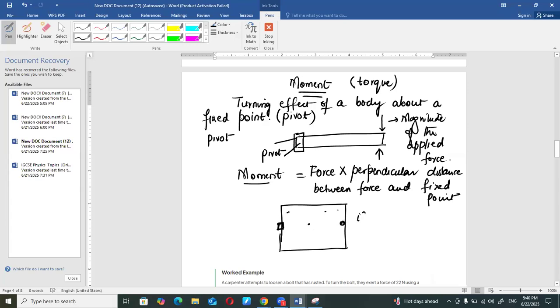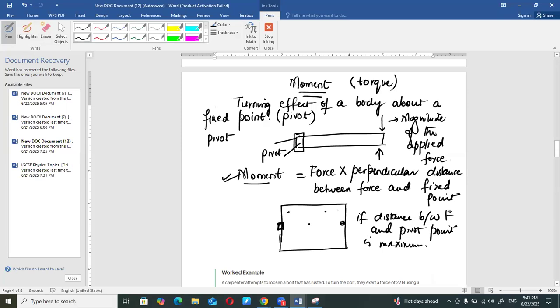So if the distance between the force and the fixed point, which is called the pivot, is maximum, the moment will be maximum.